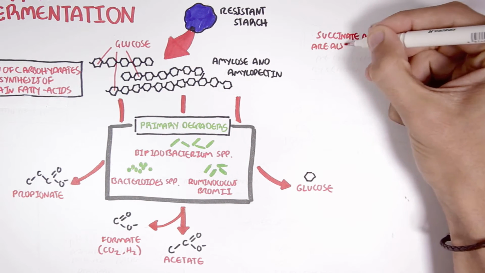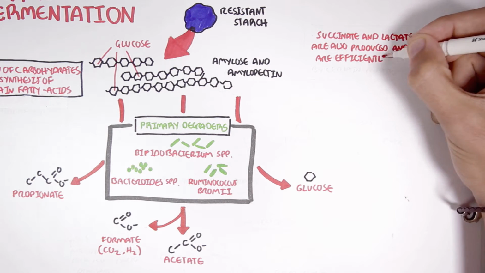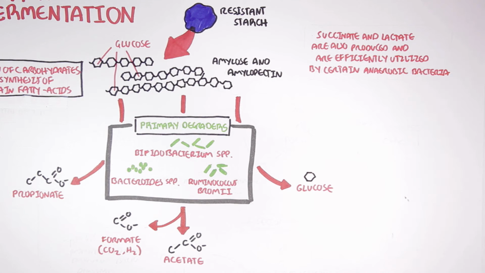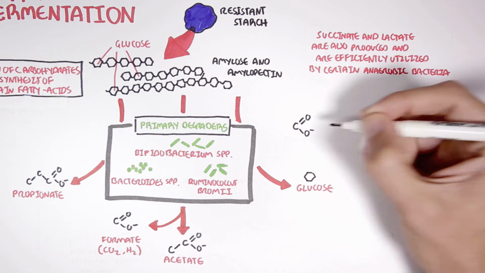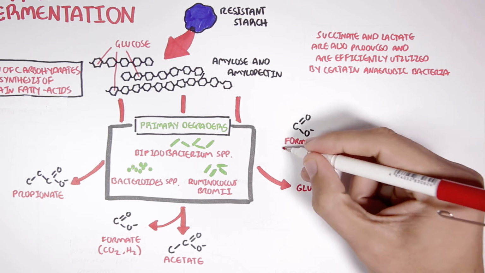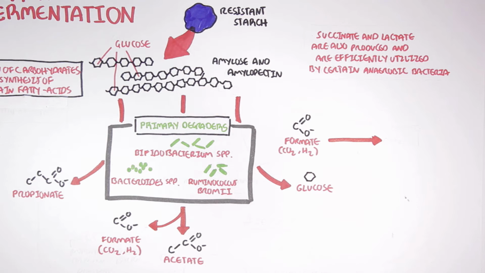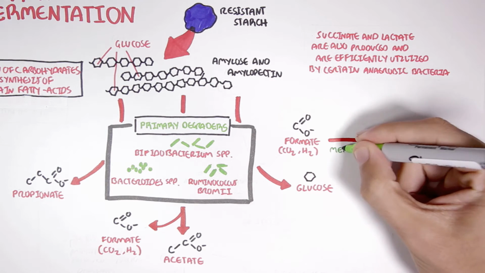Now, succinate and lactate are also produced by these primary degraders and are efficiently utilized by certain anaerobic bacteria. The gases formed through fermentation, such as formate, can be utilized by methanogens to produce methane.